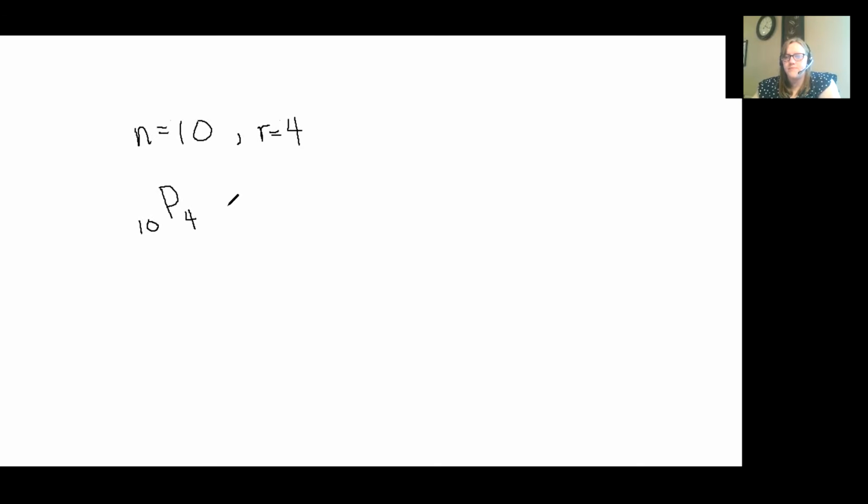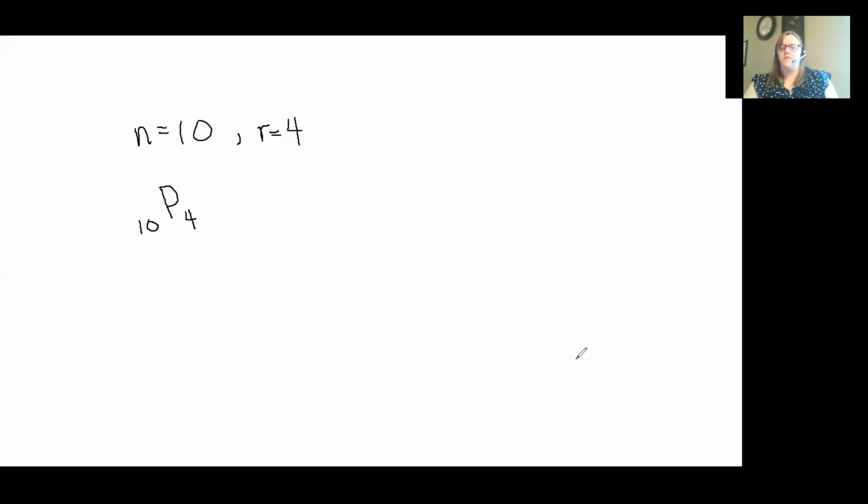I'm going to show you how to do that on your calculator. It works very similarly to the combinations formula. You put in your total number of objects first, which is 10, because we have 10 numbers. Go to math, go over to PRB, go down to nPr, which is number 2.